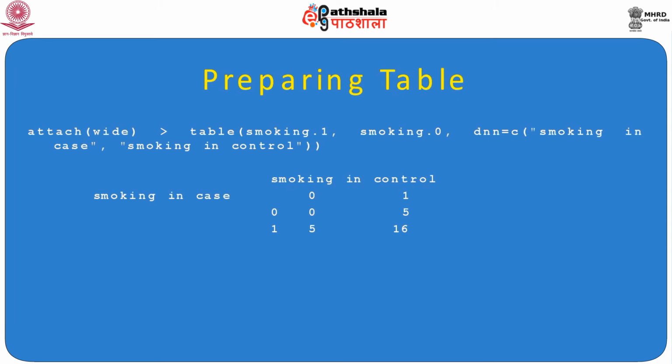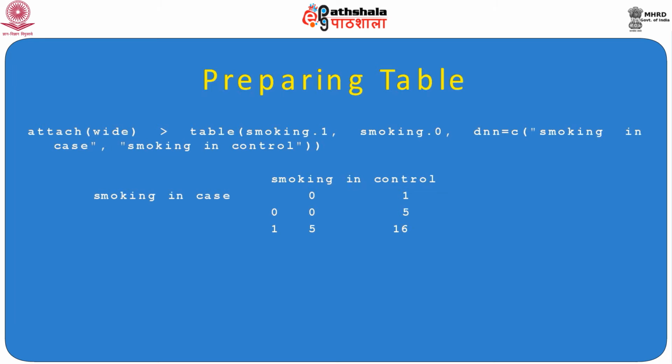Now we are going to prepare the data, and for that we are using the function table, and in this table function we are assigning the variables smoking.1 and smoking.0, so smoking yes and smoking no indicators are used, whereas to form the table, smoking in cases and smoking in control is assigned.